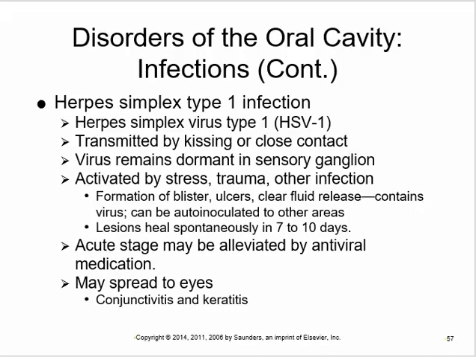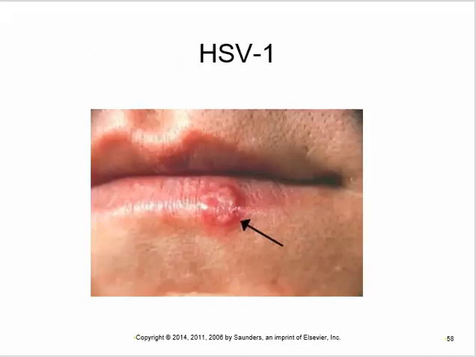The biggest fear of this is if you auto-inoculate, you get it on your fingers and you touch your eye, it can become a conjunctivitis or keratitis, which we've talked about. And it's recurrent. We use antiviral meds to control the acute outbreaks of it, but we can't control the chronic. So a cold sore looks like that.